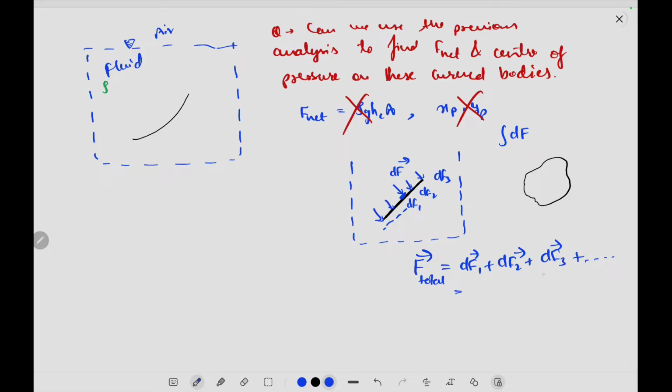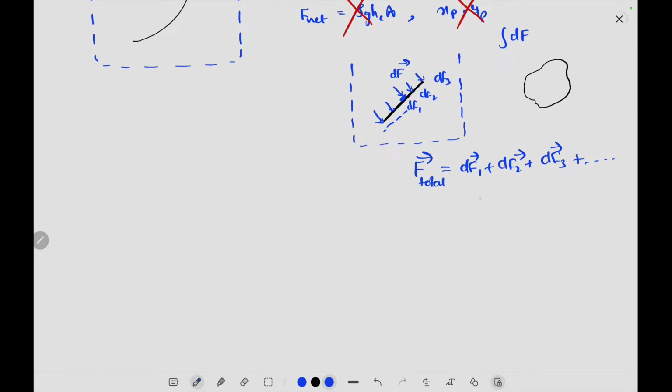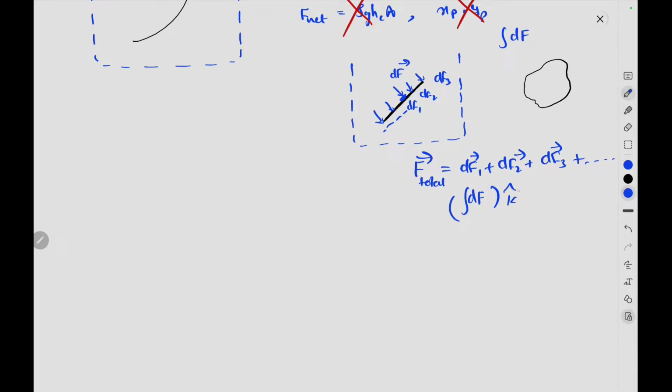So we can simply write this as a summation over dF vector. Since they all pointed in one direction, the concept of vector was not important. So we simply took the magnitude, integrated it, and then simply gave a direction. What would be the direction in that case? The direction was z hat. Sorry, the direction was k hat. Okay.